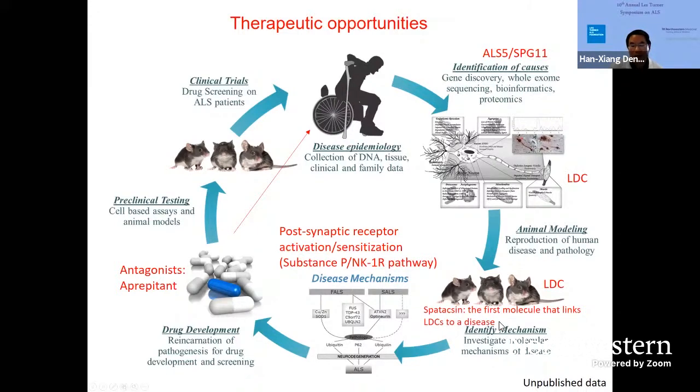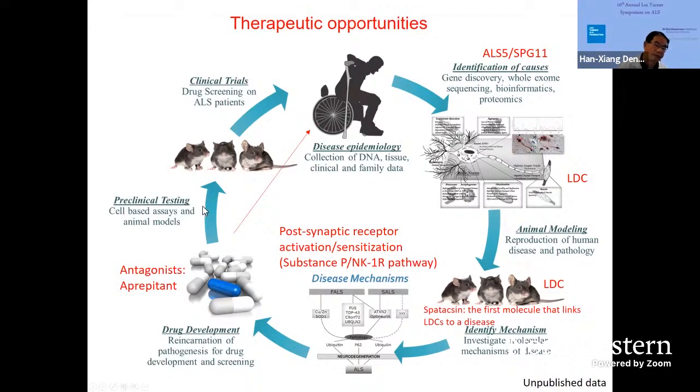And spastin is the first molecule that links dense-core vesicles to disease. Through the mouse model study, we found postsynaptic receptor activation and sensitization, the typical example being substance P pathway activation. This suggests an antagonist for treatment of this disease.